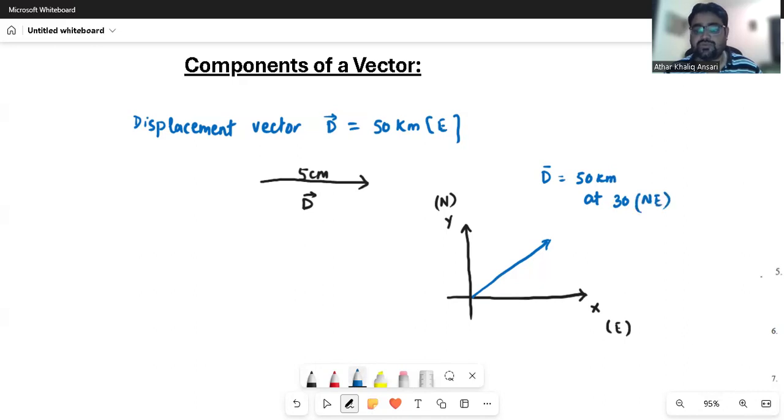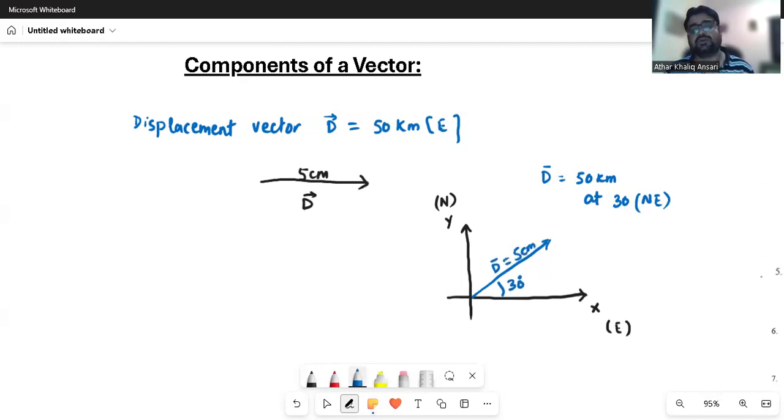So what will we do? We will draw a vector in a plane that is making an angle of 30-degree from east to north, and this is the same 5 centimeter, and we will draw the line as it is in the plane.